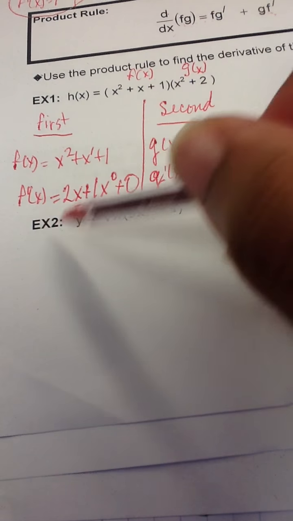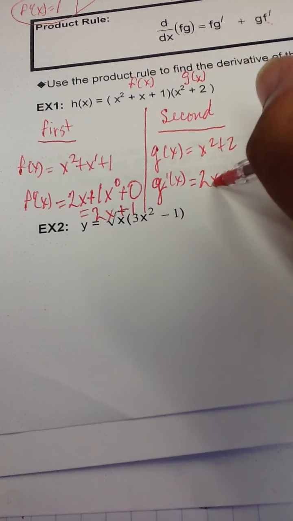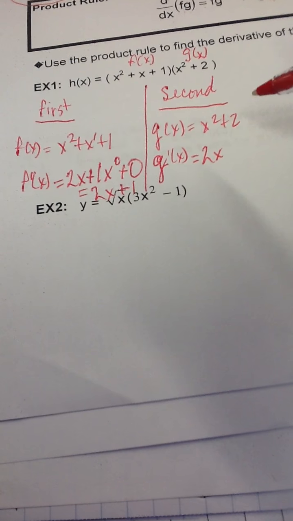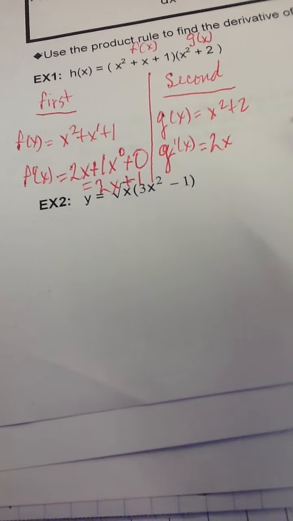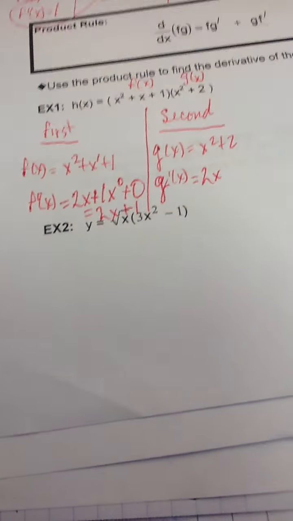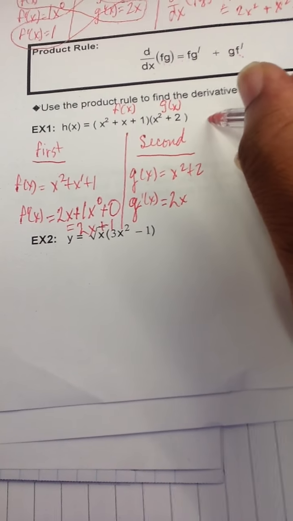X squared, we've already taken the derivative of x squared over here. Remember, that's 2x. Then plus the derivative of 2, that's a constant. So the derivative of 2, of course, is 0, but I know if I put plus 0, it's just like putting 2x.